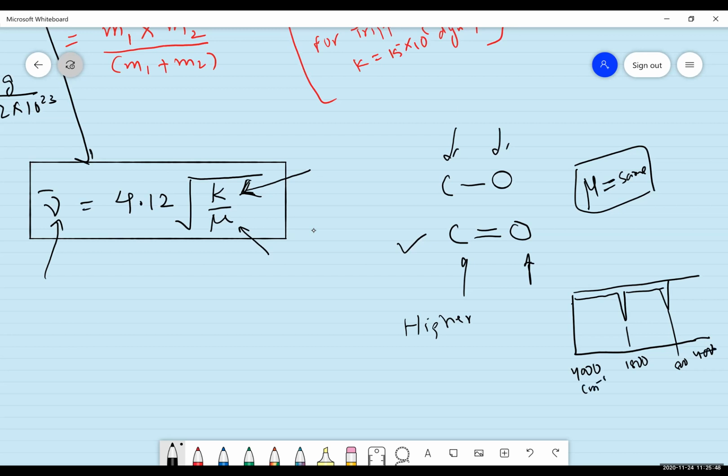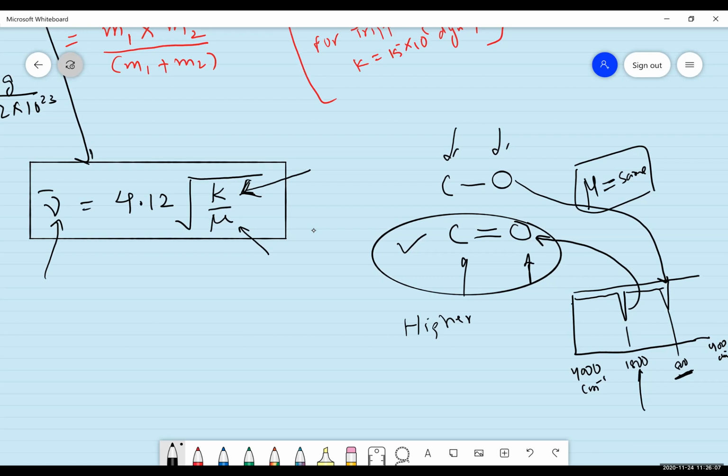So this is the range 400 to 4,000. We just said that the higher wave number belongs to this one. So the 1800 peak will belong to this one, and the lower wave number belongs to this one, right? Does that make sense? Okay.